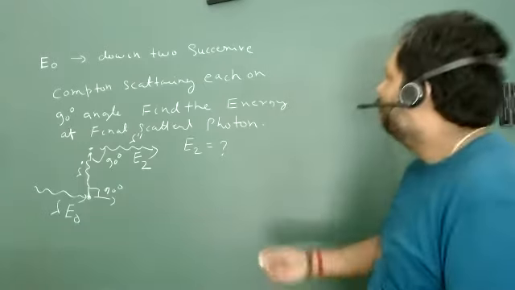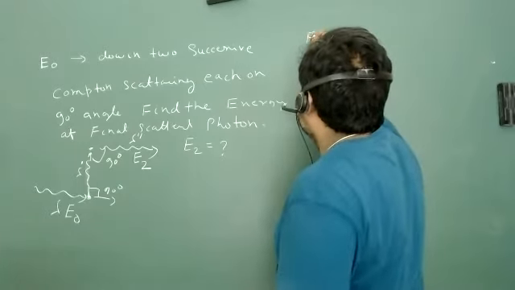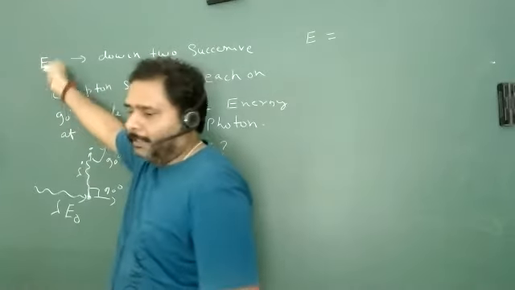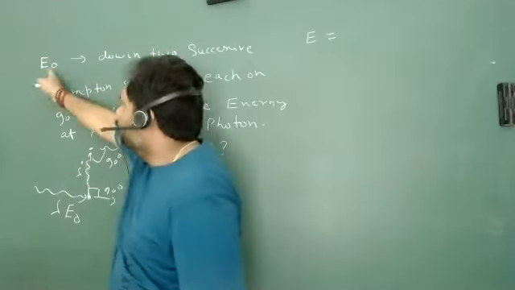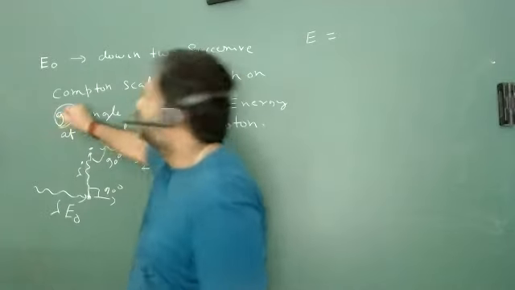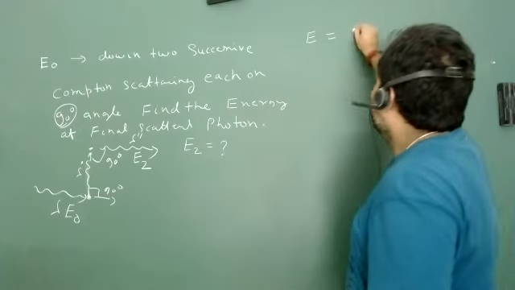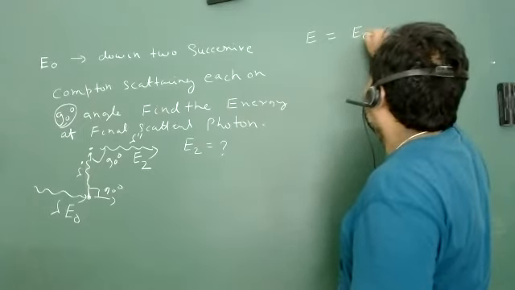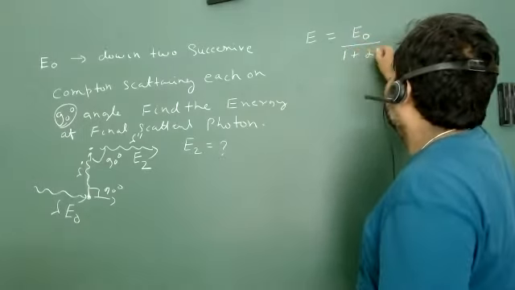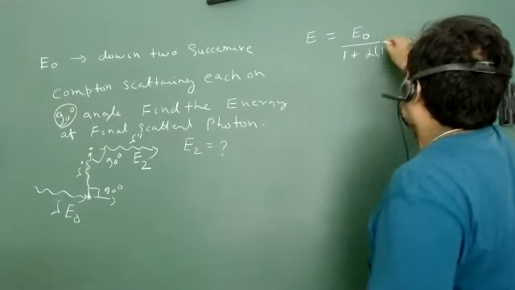So what is the formula? The mother formula is E is equal to, because we have to write everything in terms of E naught, and only this is given, and another thing is given that they are at 90 degrees. Obviously a scattering angle must be given. So E is equal to E naught over 1 plus alpha times 1 minus cos phi.